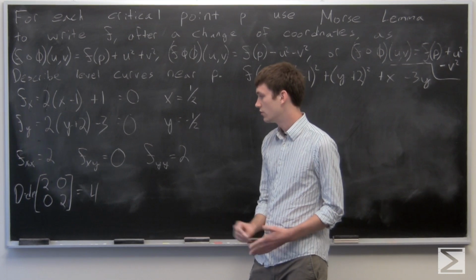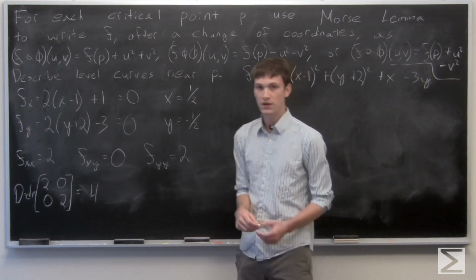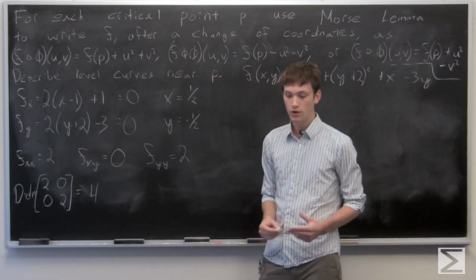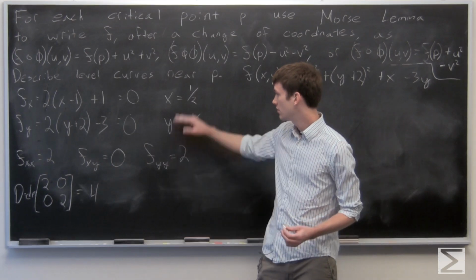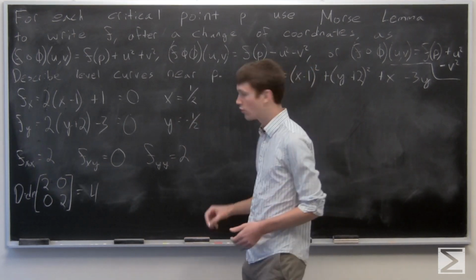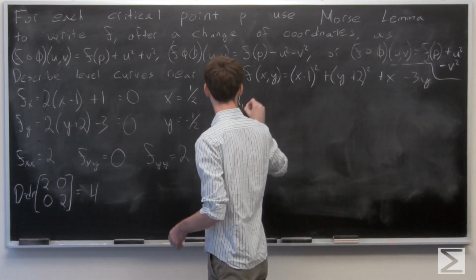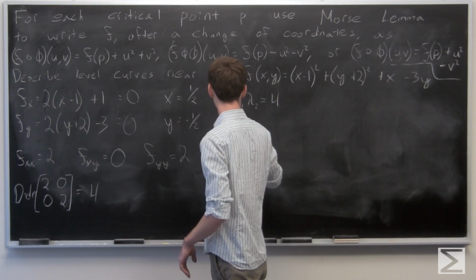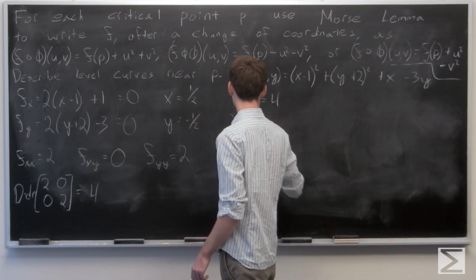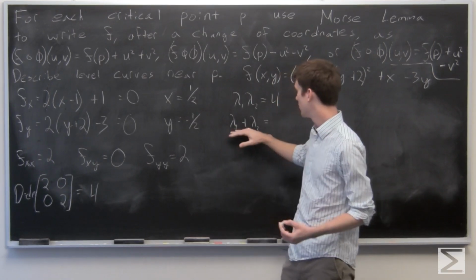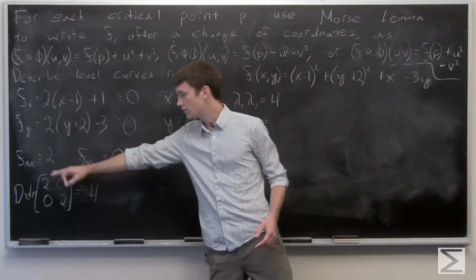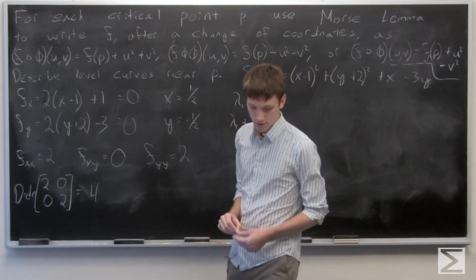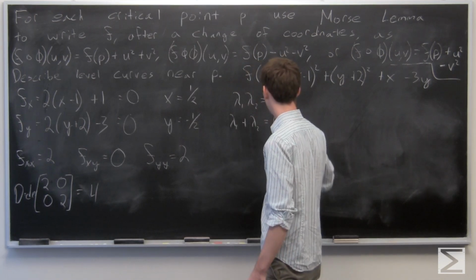And we want to now use Morse lemma. We have non-zero determinant, so we know that we have a non-degenerate critical point at 1/2, negative 1/2. And Morse lemma tells us that lambda 1 times lambda 2 is equal to 4. Lambda 1 plus lambda 2 is equal to f sub x x plus f sub y y, which is equal to 4.